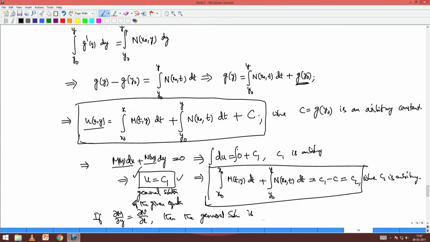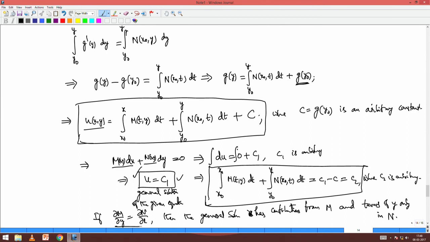From this I can conclude the general solution has contributions from m and terms of only y in n. That is how you get the general solution.